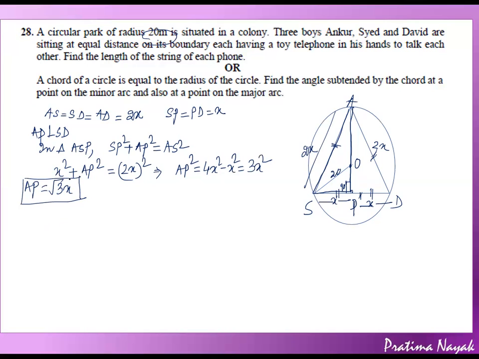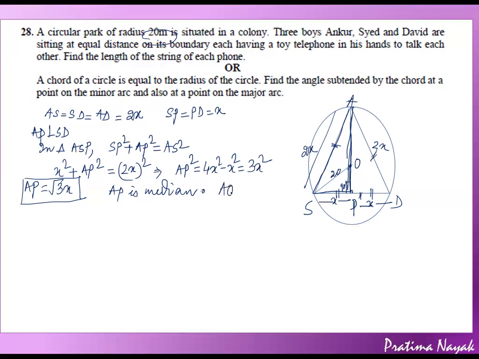Now after getting this, I'll go for AO and OP. Now AP is also a median. Why is it a median? Because it is an equilateral triangle. Here the perpendicular bisector and the median are the same. So AP is the median. And again I'll apply the median property. What is it?